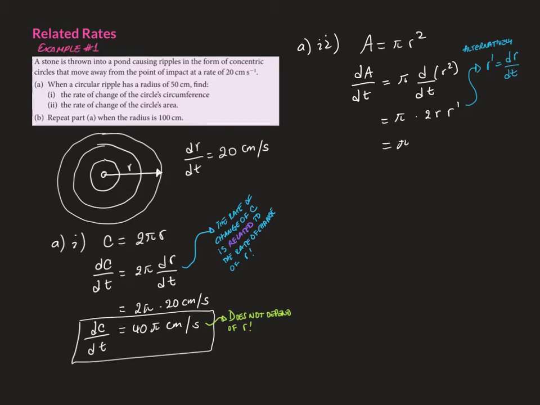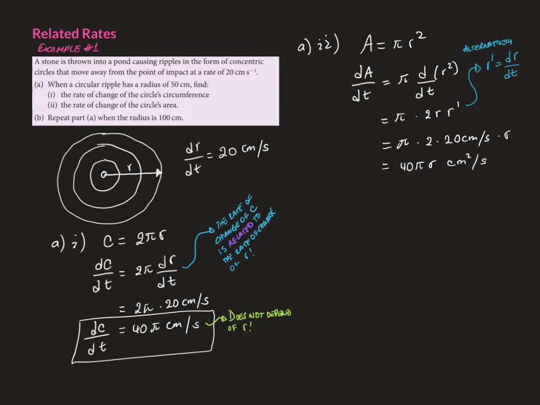So we substitute pi times 2 times 20 centimeters per second times the radius. So that is 40 pi r, and the units are going to be centimeters squared per second.